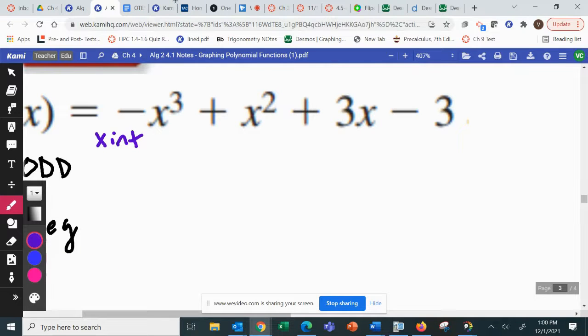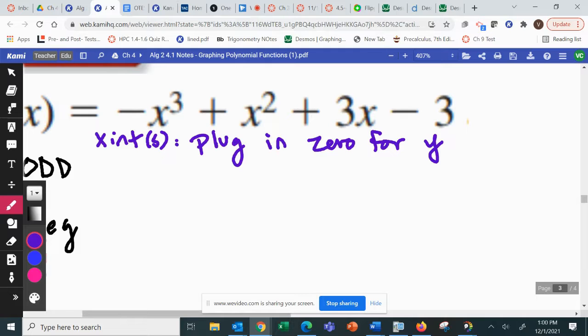Plug in 0 for y, right? Here's a bonus question. How many should I get? What do you think? It's going to be 3. The degree is also how many solutions, how many x-intercepts I should get. So I should get 3. Okay?